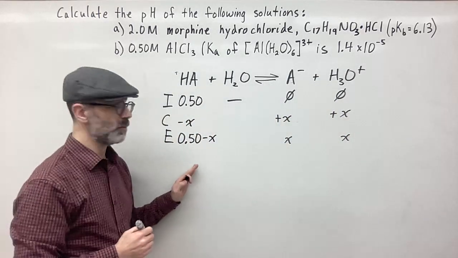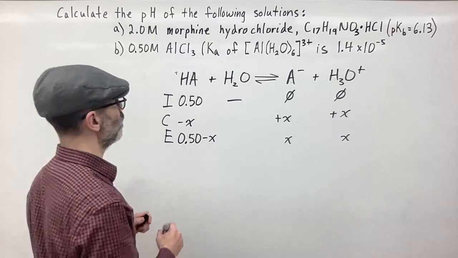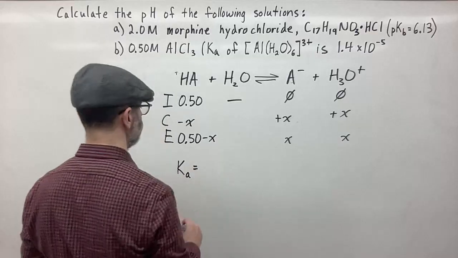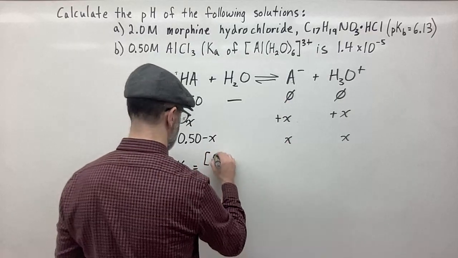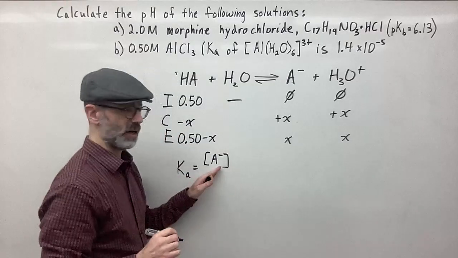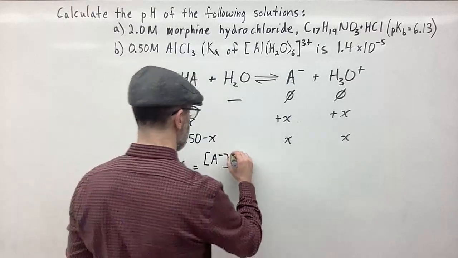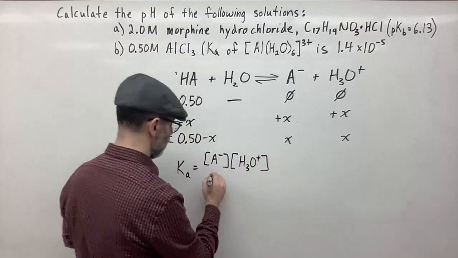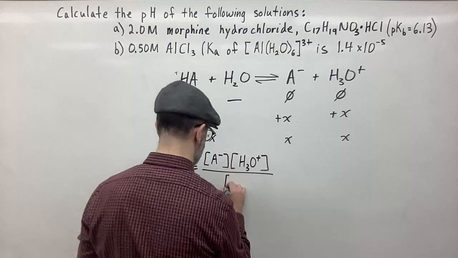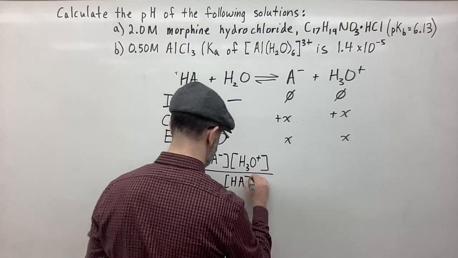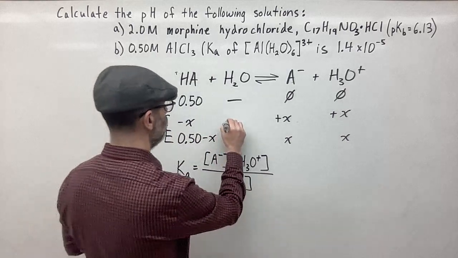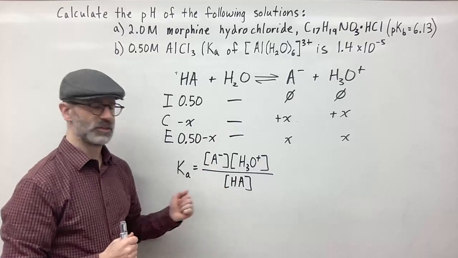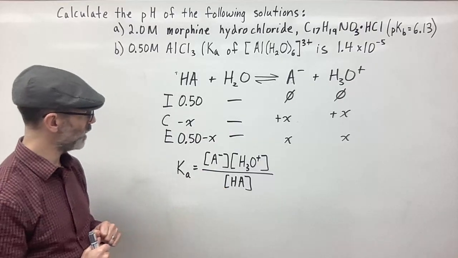Now we can set up our equilibrium constant expression. We know that Ka is equal to the concentration of our A minus, that anion that's left over, multiplied by the concentration of the hydronium ion, divided by the concentration of the acid. Again, we don't put water in. Liquids and solids do not end up in the equilibrium constant expression.